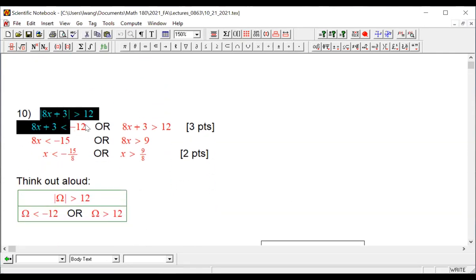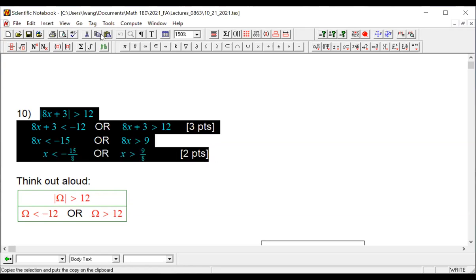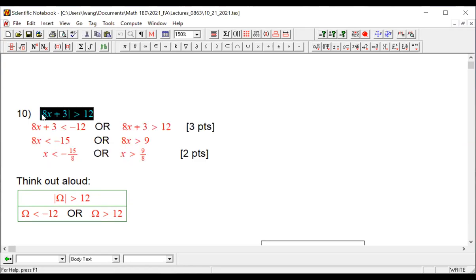People will have similar steps, right? But this is what the student has written down. The student will write down like this. Okay, so another undesirable work.